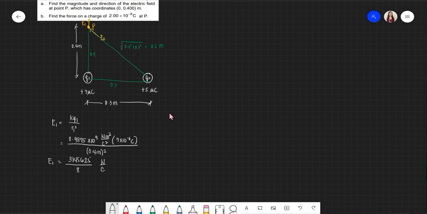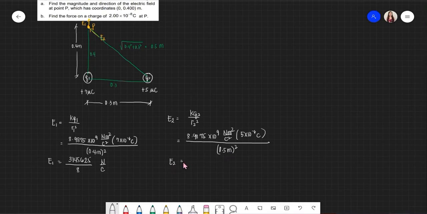And then for E sub 2. So E sub 2 is equal to K Q2 over R2 squared. So 8.9875 times 10 to the power of 9 newton meter squared per coulomb squared times 5 times 10 to the negative 6 coulombs divided by the distance between them, which is 0.5 meters quantity squared.